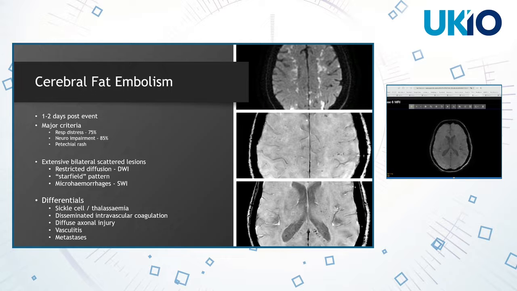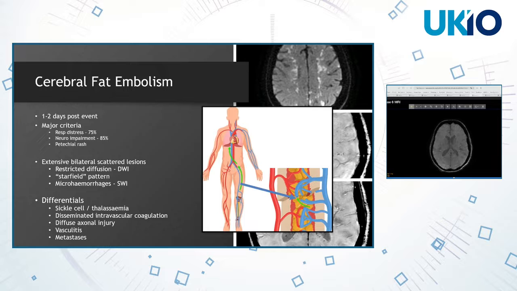The mechanism isn't entirely clear, but one suggestion is that it's mechanical. So when you have trauma to the bone, fat globules then enter the bloodstream and involve the lung first, get through the lung, and then the rest of the body, including the brain.